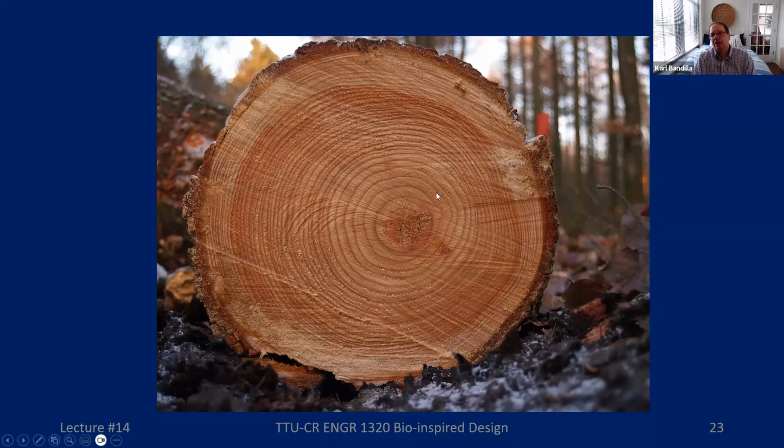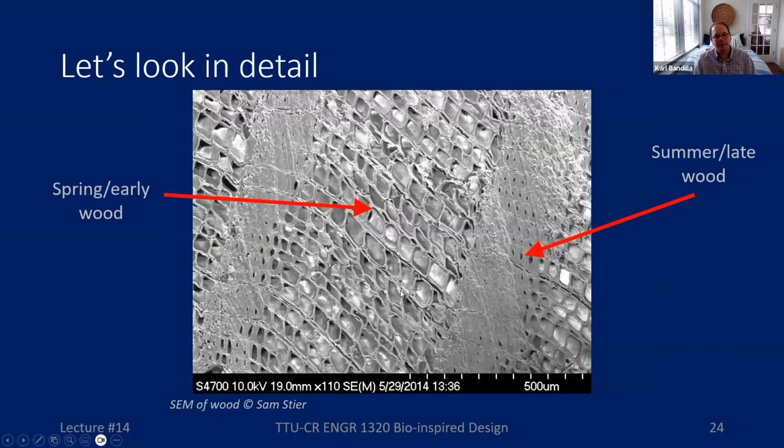In the summer, there's much less water, so these tubes become smaller and smaller. So there's basically a sequence of different densities of wood that the tree produces as it's growing wider and wider. If we look at that in detail, we have the spring wood with big wide chambers, and then the summer wood with its smaller chambers.